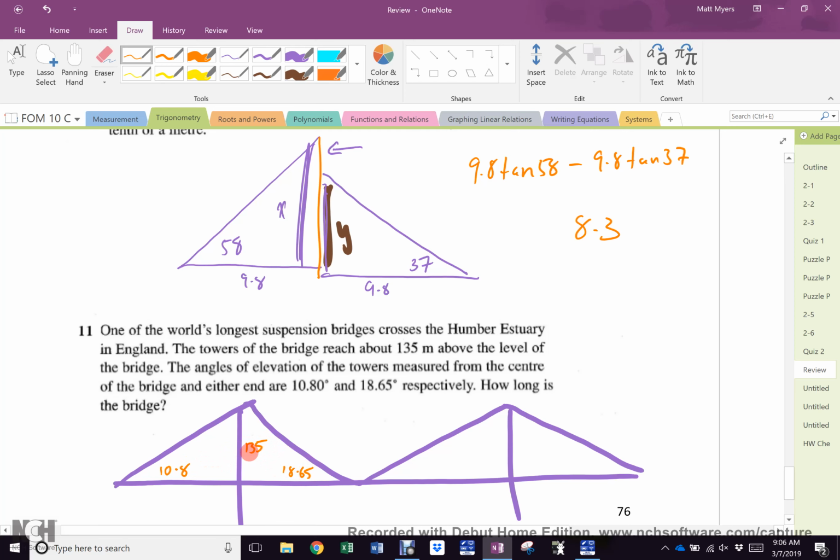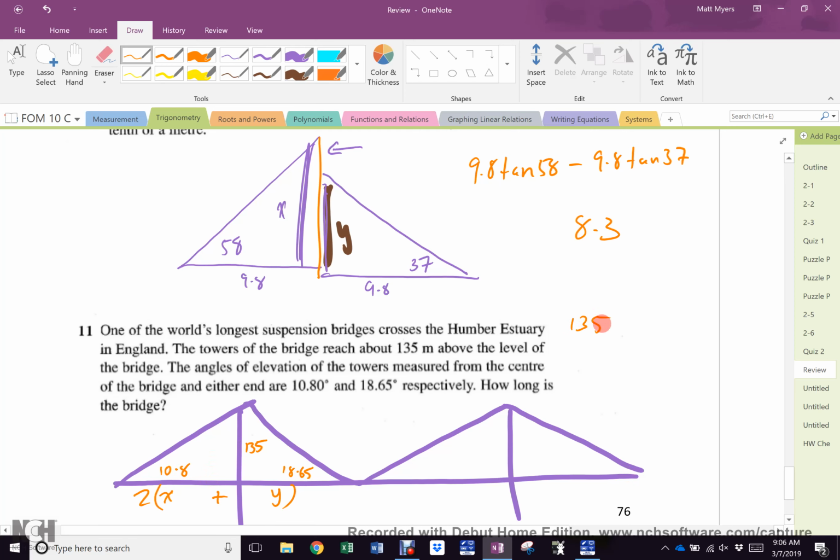So I use those 2 triangles to find x, then I use it to find y, and then what do I do with that answer? I add it, and then what do I do with that? Multiply by 2, because the bridge is doubled. So that is opposite over adjacent.